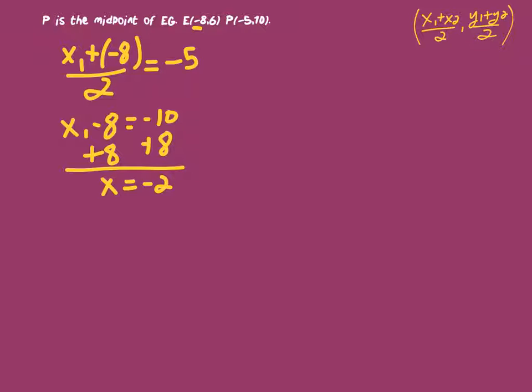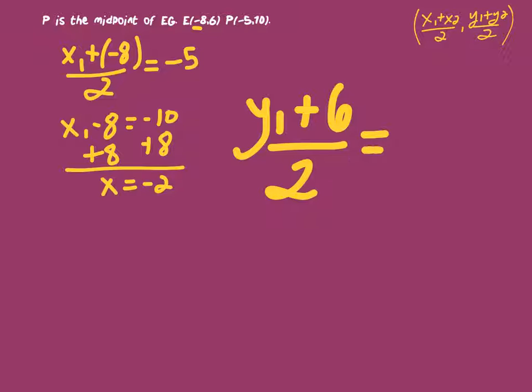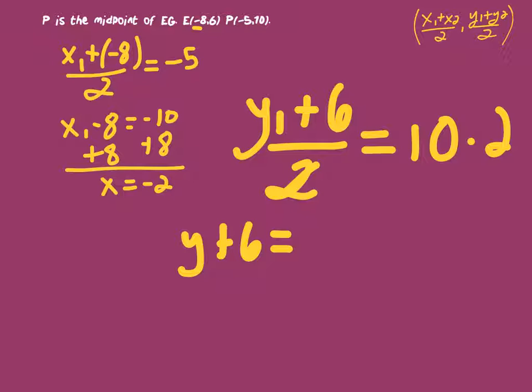For the y coordinate, we're going to do the same thing. We know that the y1 we don't have yet. We do have y2, that's from E, that's 6. Divide that by 2, and it has to equal the y coordinate of the midpoint P, which is 10. We're going to multiply by 2, so we're going to be left with y plus 6 equals 20.